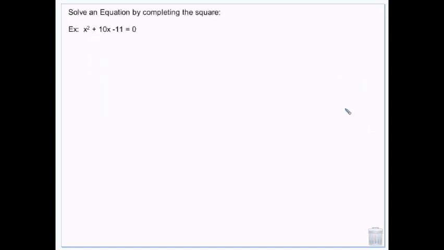To solve an equation by completing the square. So the whole point of completing the square is to make equations easier to solve. So step 1 is you want to set it up to where you have x squared plus bx equals whatever number that is. Then the second step is to take b and divide it by 2, then square it.